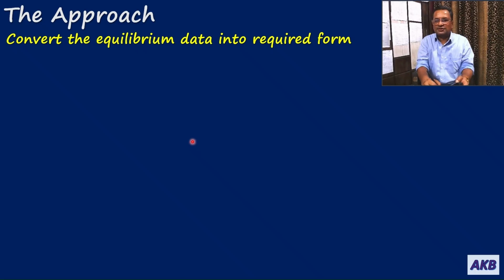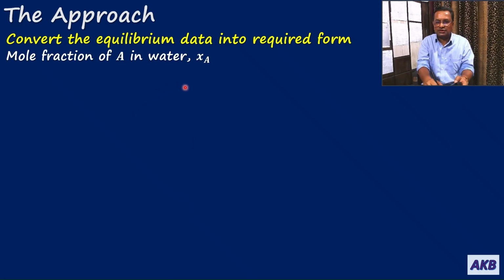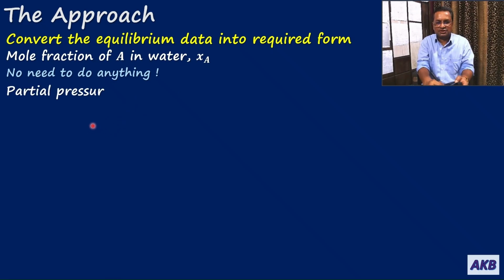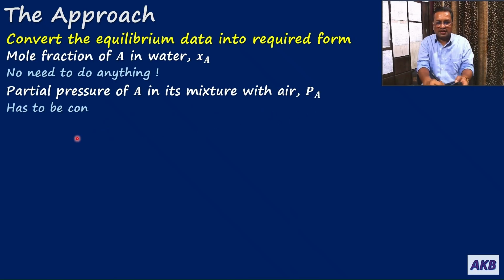But the concentration in gas phase is given in terms of partial pressures, and we have to convert it to mole fractions. So mole fraction of A in water, Xa, is given. But partial pressure of E in its mixture with air is given, and we have to convert it to Ya, the mole fraction of ammonia in its mixture with air.